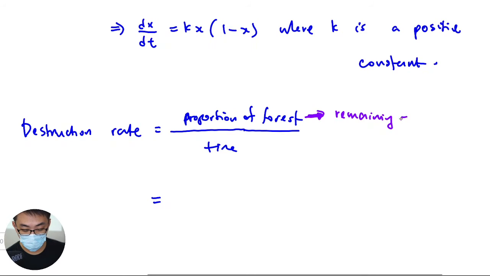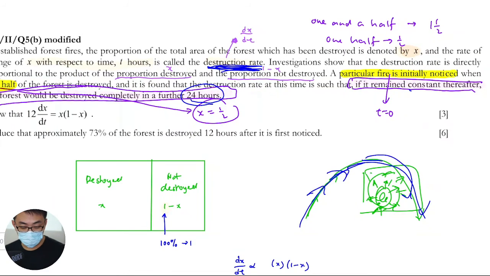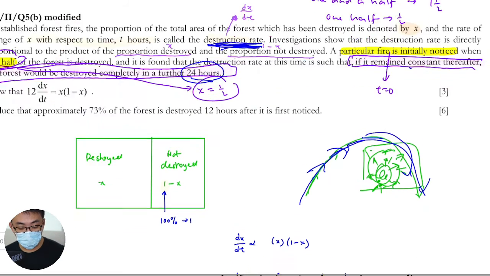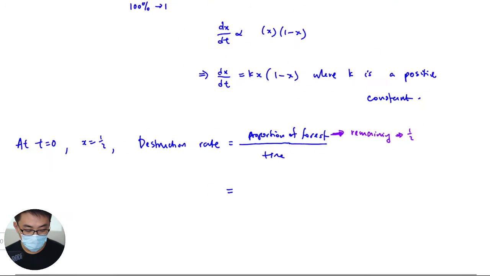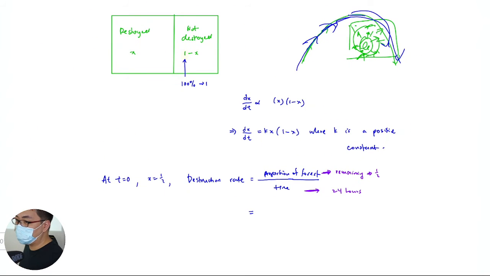Half. Because at the start, half of the forest has already burned down, and you are left with another half. And they say that if it continues at this constant rate, it will take 24 hours. This is the one which is the problem.